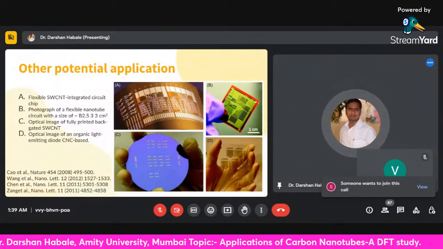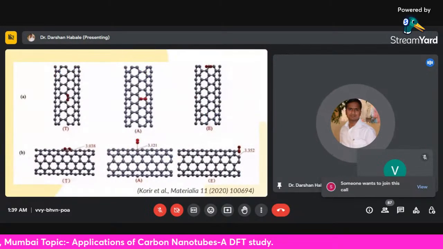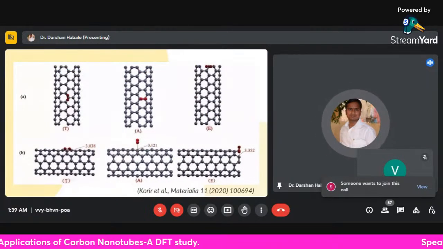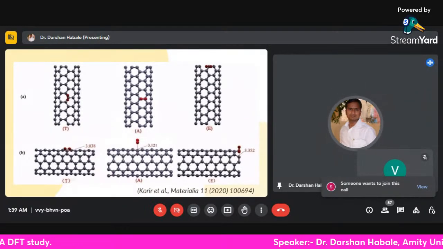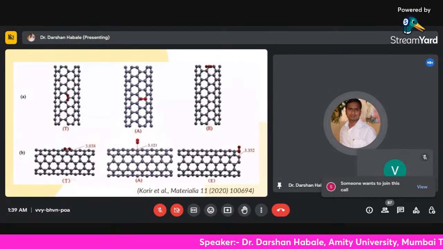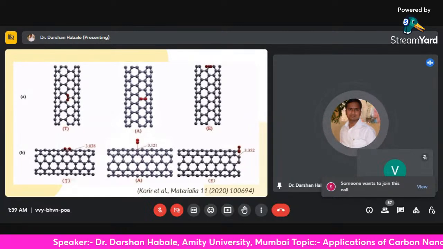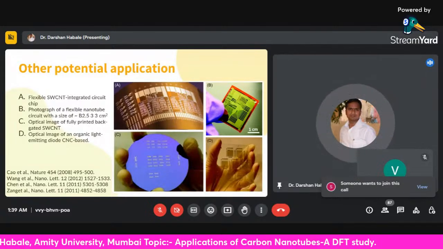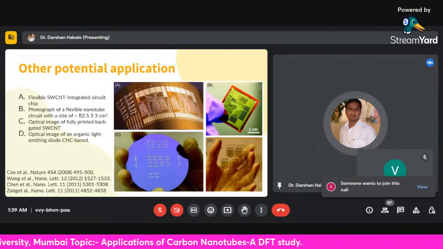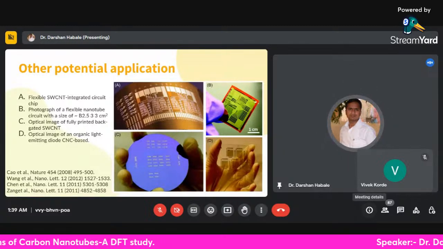Then we studied this, whether it is gas adsorption or hydrogen adsorption, using simulation, the first principle study, or you can say using density functional theory. What are the experimental results? These are a few experimental, or reported, results as other potential applications of carbon nanotube.